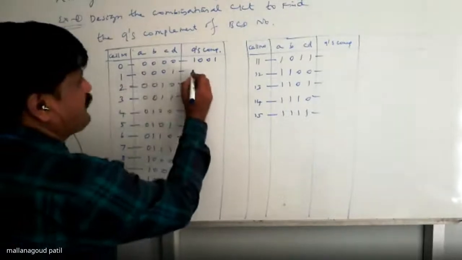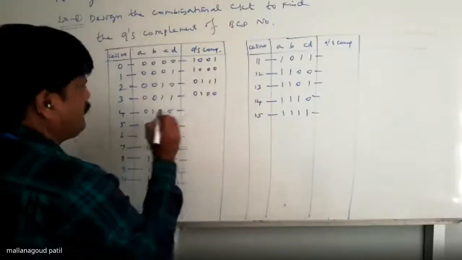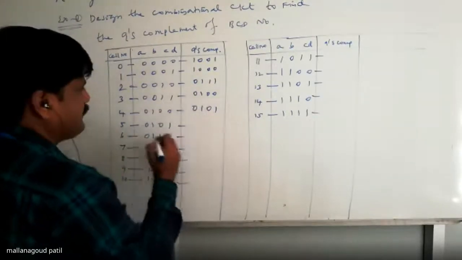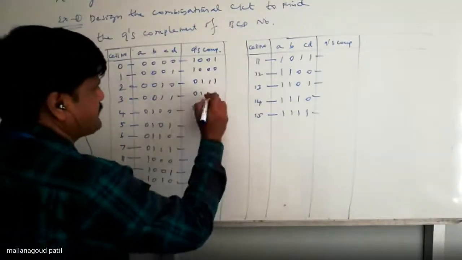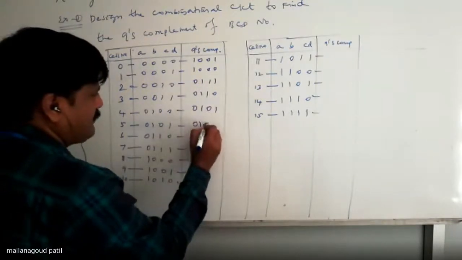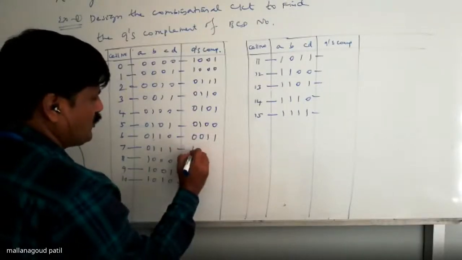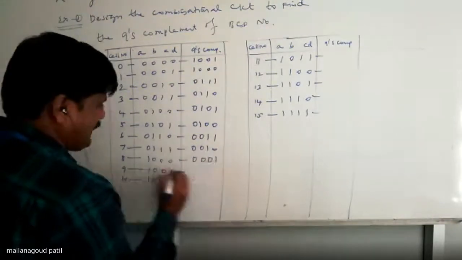The 9th complement of 1 is 8, 2 is 7, 3 is 6, 4 is 5, 5 is 4, 6 is 3, 7 is 2, 8 is 1, 9 is 0.